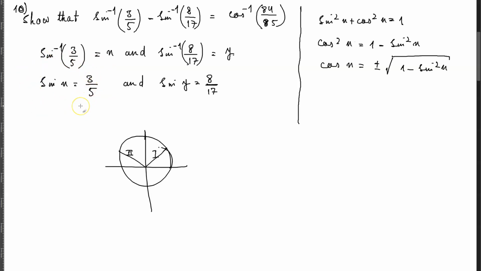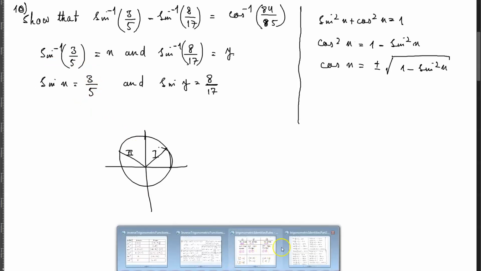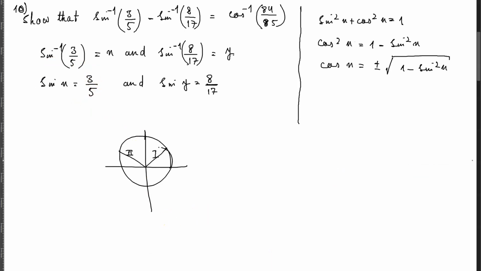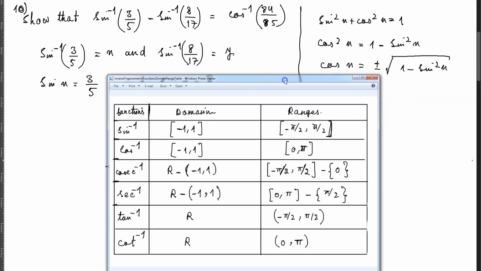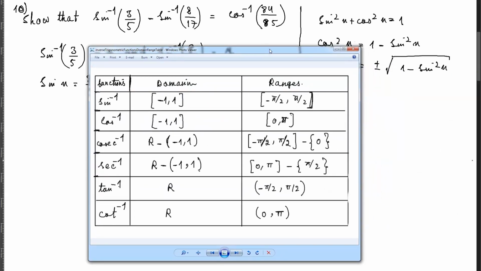But of course there is one thing that you can take into consideration, now that I think about it. We restricted the domain of the sine function to negative pi by 2 to pi by 2, right?